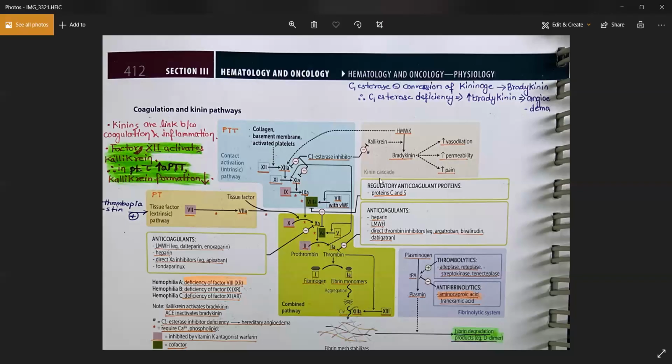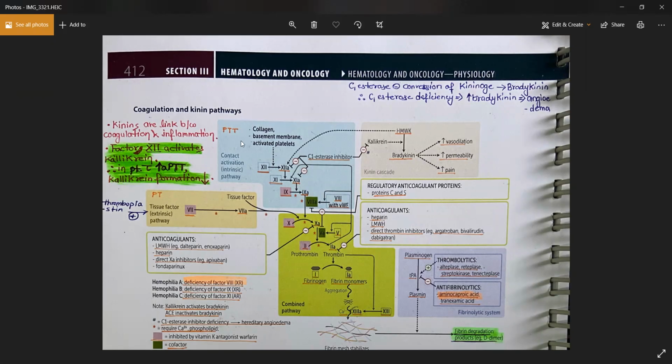And whenever you encounter a patient having a very high level of PTT, see, this pathway, you just measure with the PTT, and this pathway measures the PT. The PT is known as the prothrombin time, and the APTT is known as the activated partial thromboplastin time.